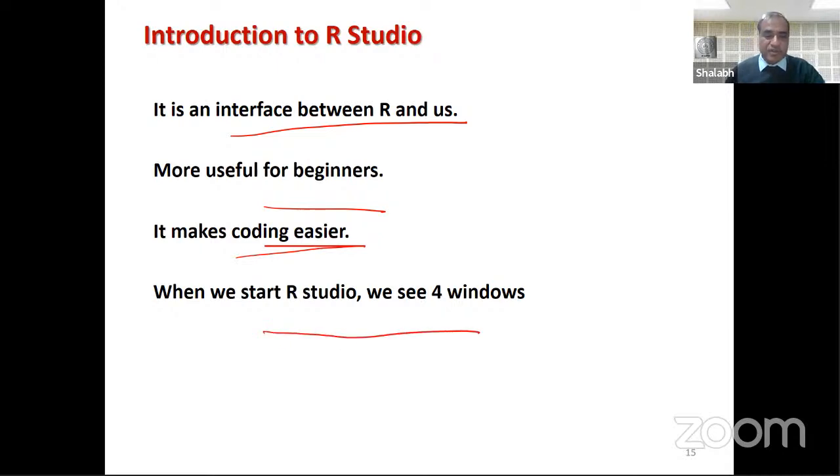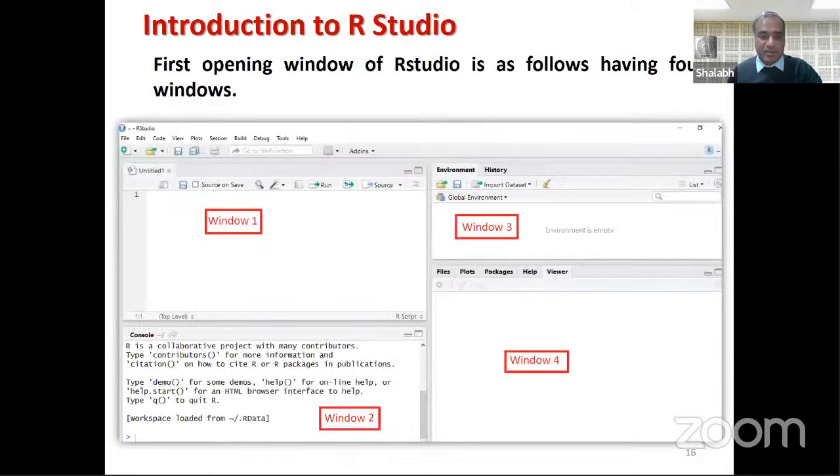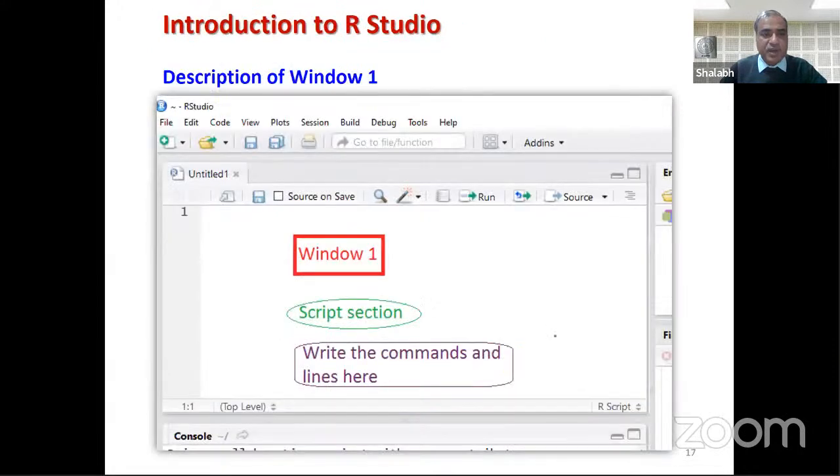And now when you start RStudio, you will see these 4 windows that I already explained. Now I will give you a brief description of all these 4 windows one by one, right?